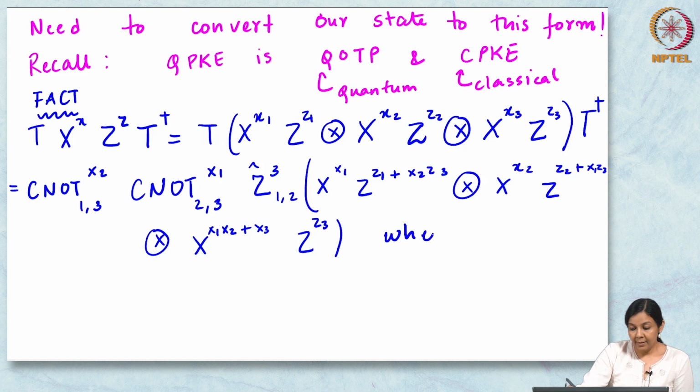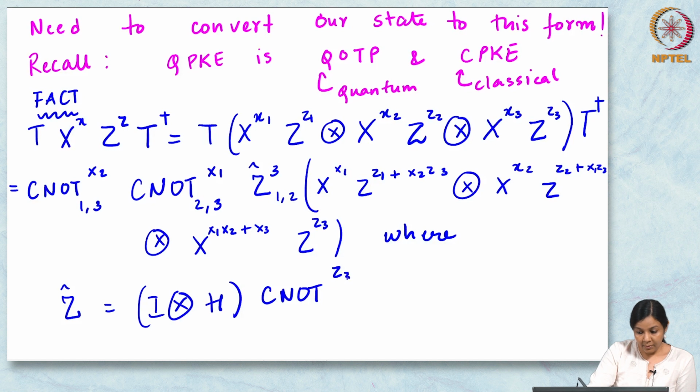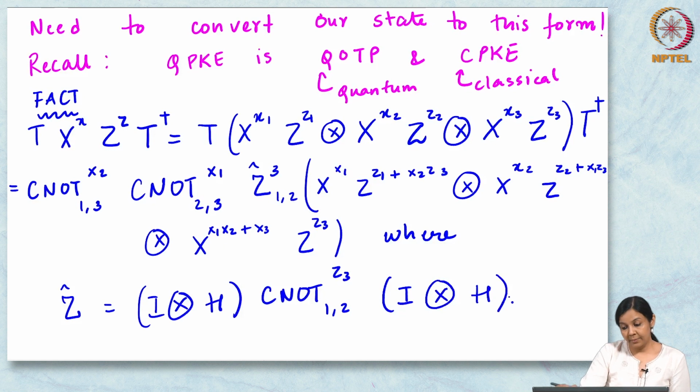okay, where z hat is I tensor Hadamard of C naught z 3 1 2 I tensor Hadamard. Okay, great. So, for the sake of completeness, I have written out this big expression. I did not derive it, this is just a fact.